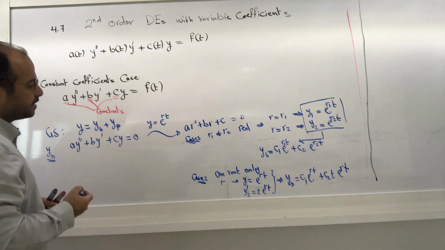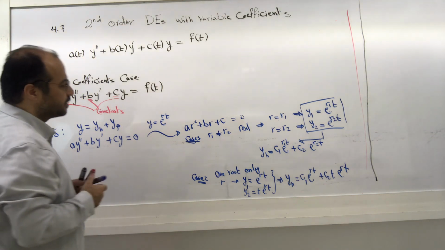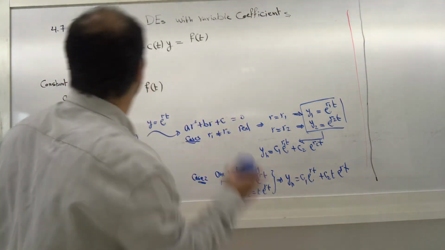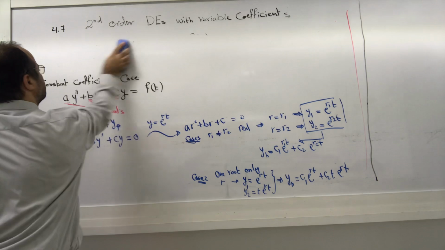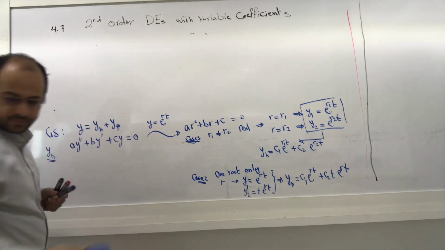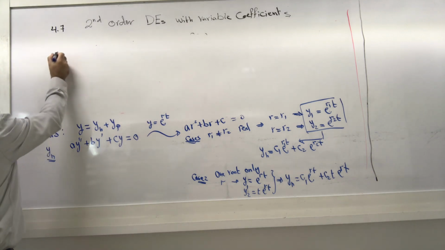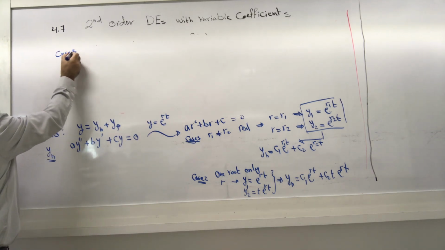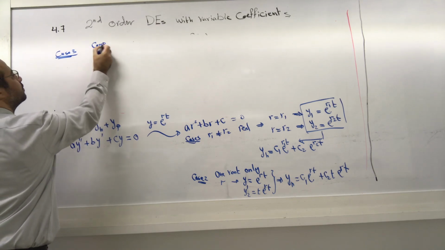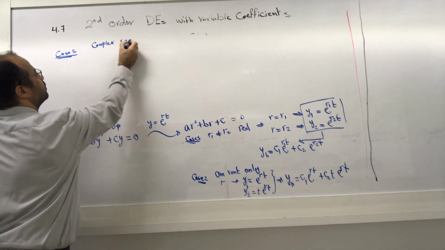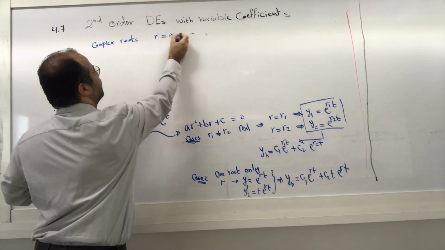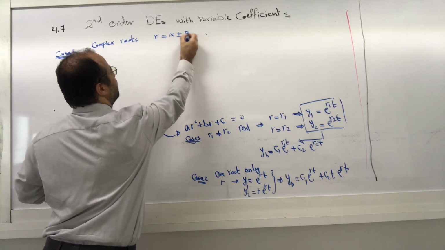Good. Now there is a case 3. Case 3, if we have complex roots, so you have r equal to alpha plus minus beta i.